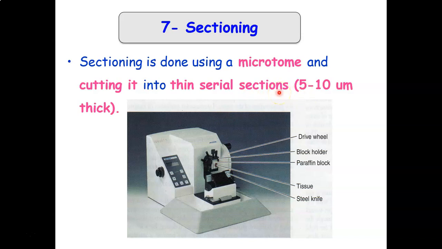What is the thickness of the sections I'm going to cut? Yes, it is from 5 to 10 micrometer. Don't forget this figure, please. It is very important. It is the most common thickness used in studying histology.